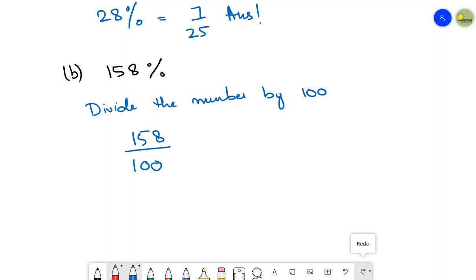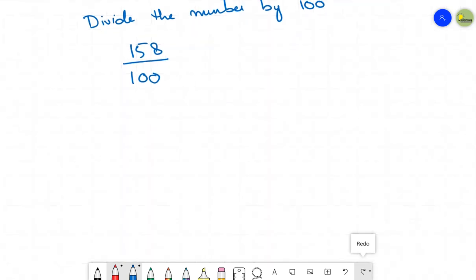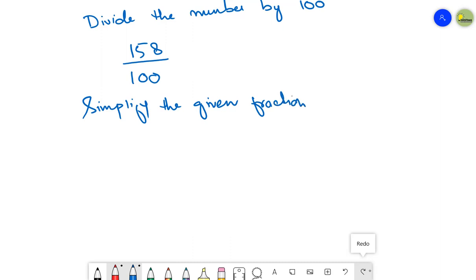Now you are going to see whether this particular fraction can be simplified or not. If it can be simplified, then simplify the given fraction. In the second step, you have to simplify the given fraction. Now we know that 158 and 100 can be cancelled by 2.